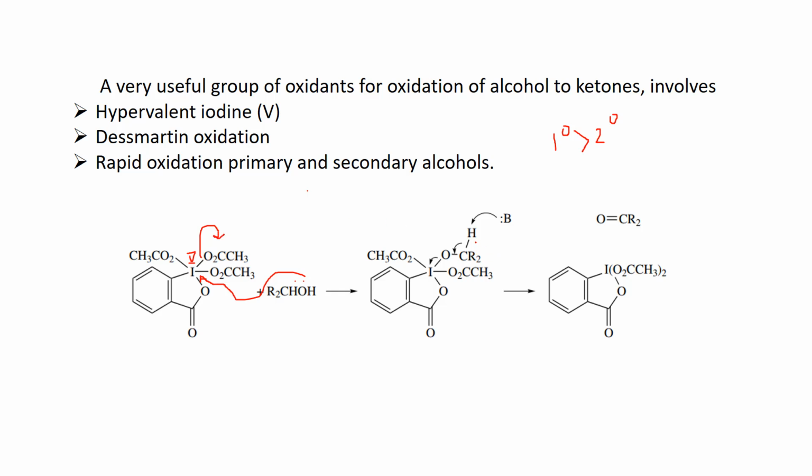After that, as at least one proton is required, this one proton will be taken up and this goes here and this opens up, and we get this as our byproduct and the ketone will be generated in the reaction medium. So for this one also we need at least one hydrogen in the alcohol center.